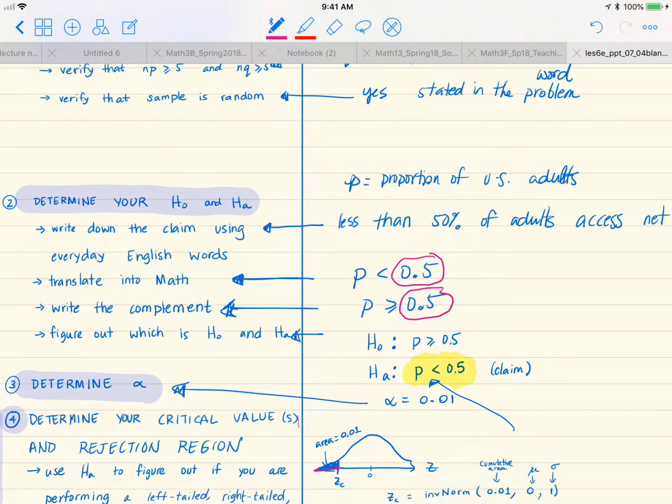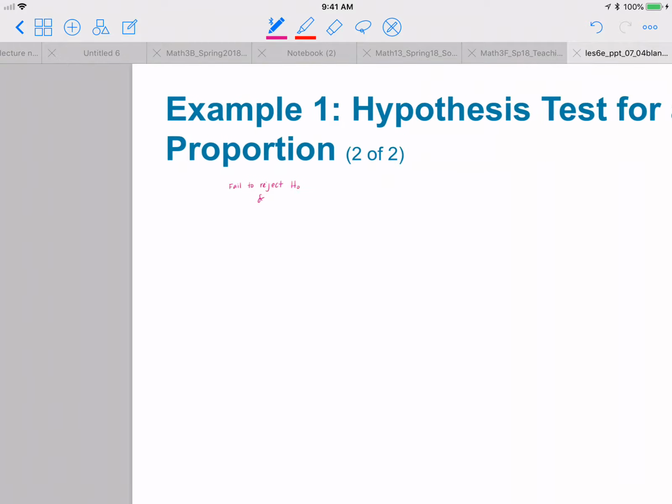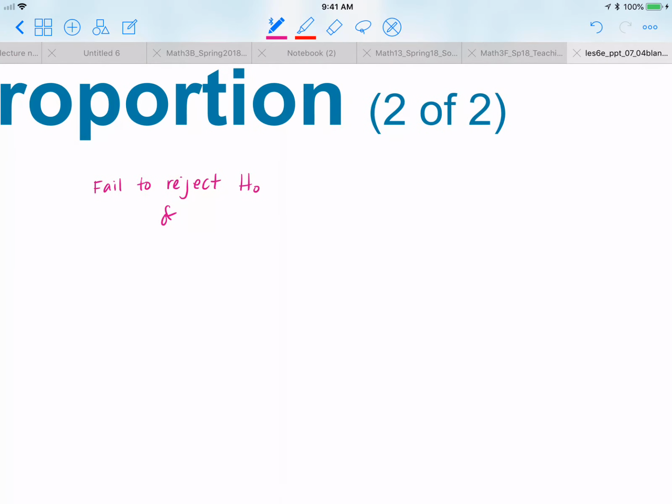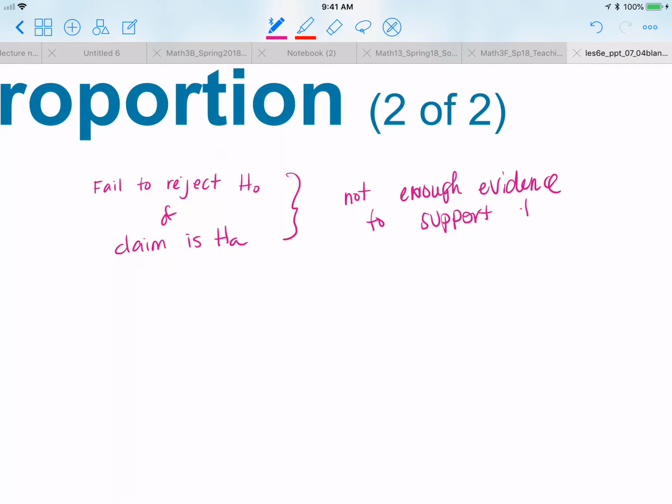So since my claim was HA, both of those together, according to the interpretation rubric, means that there's not enough evidence to support the claim.